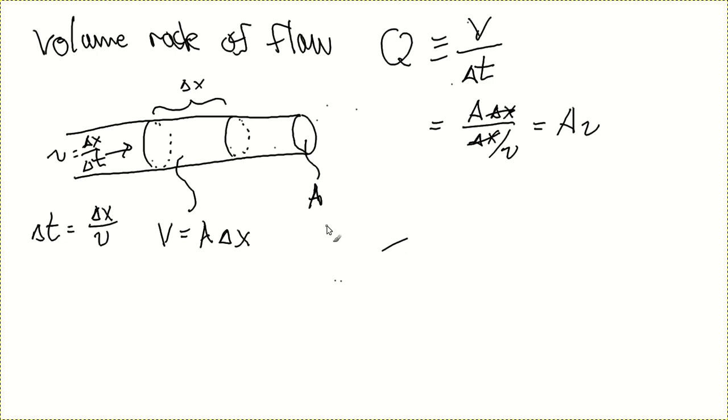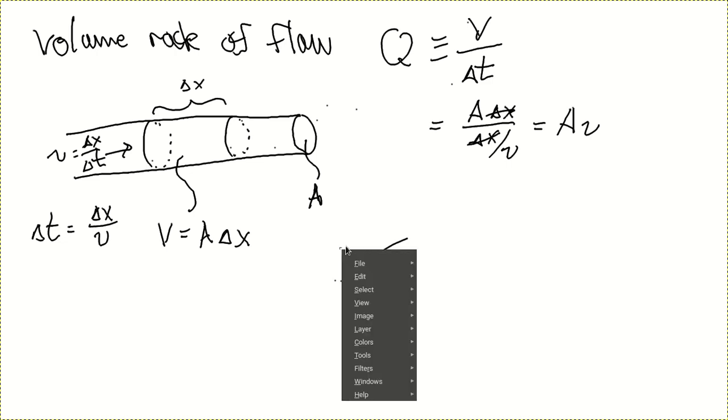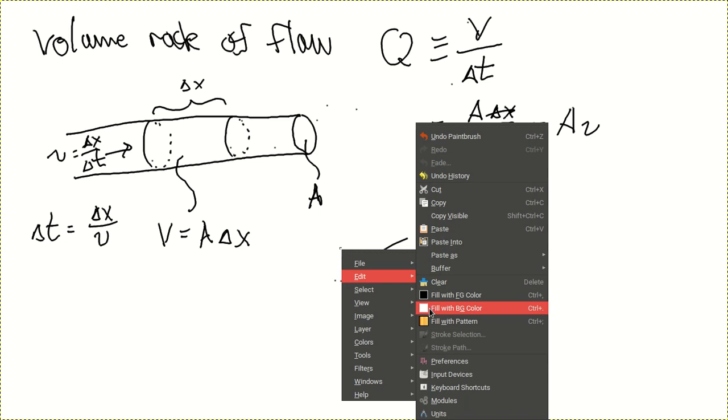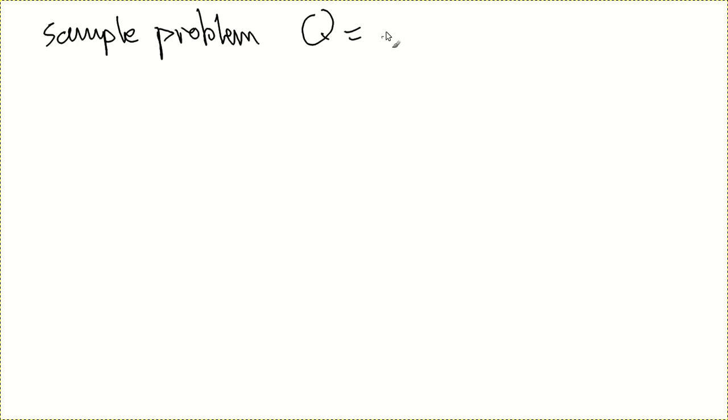Let's do a sample problem. Sample problem with the volume rate of flow, Q, which we have just shown, is equal to cross-sectional area times velocity. Suppose we want to fill up a pool, a swimming pool.